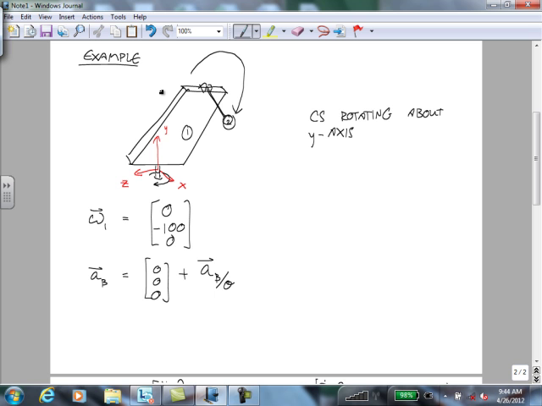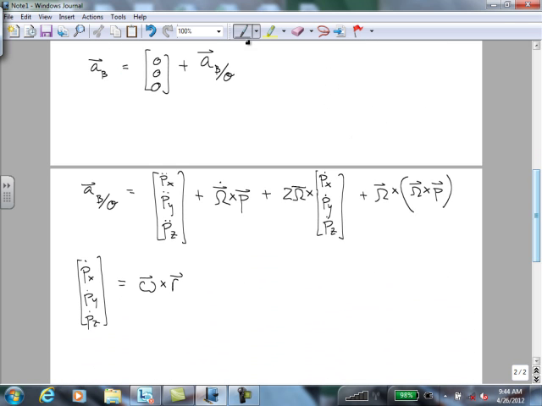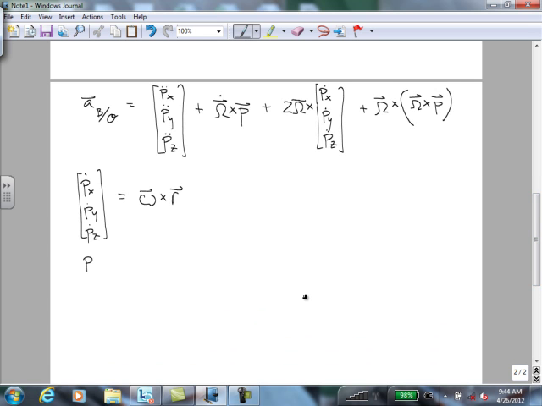And then your components double dot are alpha cross R plus omega cross omega cross R. Okay. Any questions about that? All right. Anything else about particle kinematics in non-inertial coordinate systems?